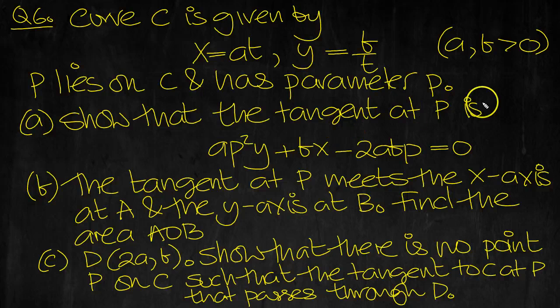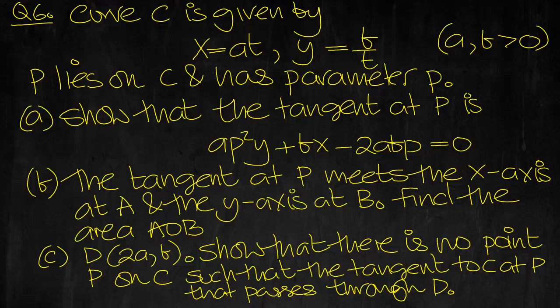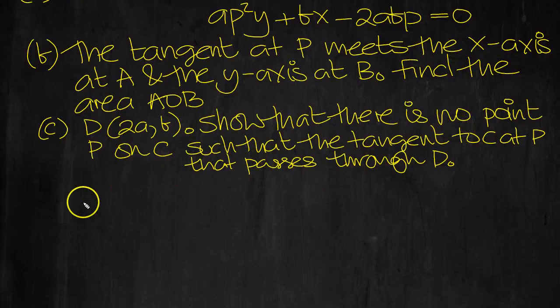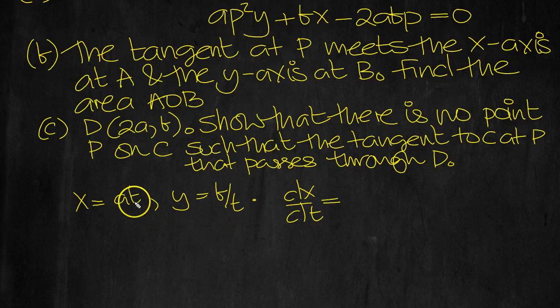Okay, so the tangent at P, so we'll need dx/dt, won't we? x equals at and y equals b over t. So x equals at, y is equal to b over t. So dx/dt then we need, don't we? Differentiate with respect to t, and that's a.